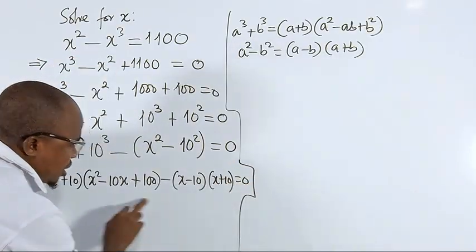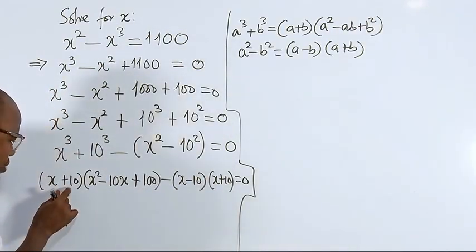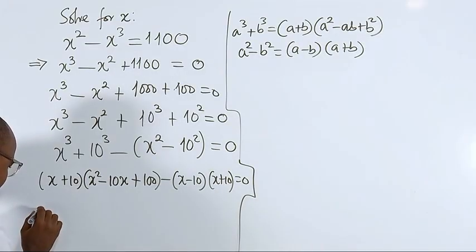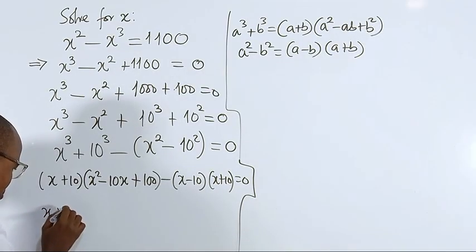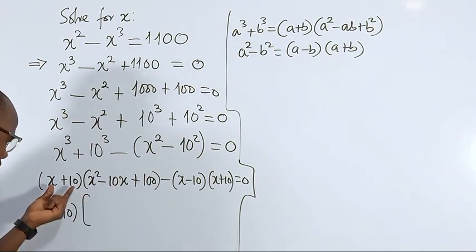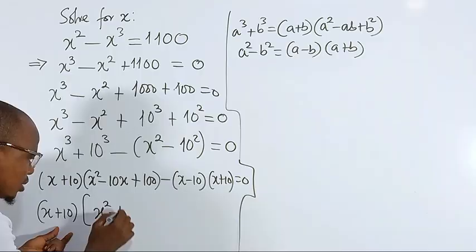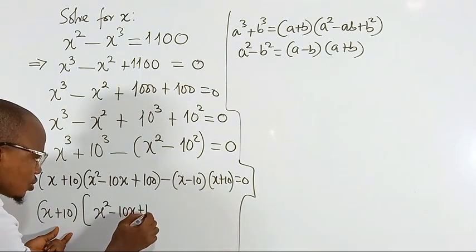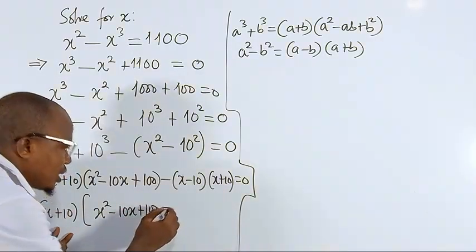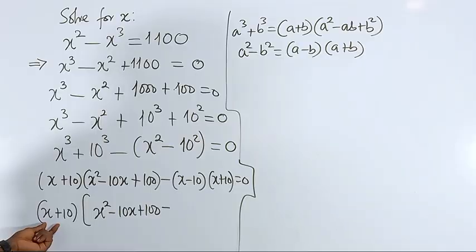Looking at this equation, you can see that x plus 10 here, x plus 10 is here. So it means that we're going to factor out x plus 10. So everything divided by this, we're going to have x squared minus 10x plus 100, then minus 10 x plus 10 divided by x plus 10 here.